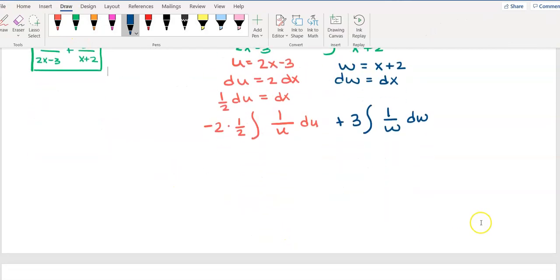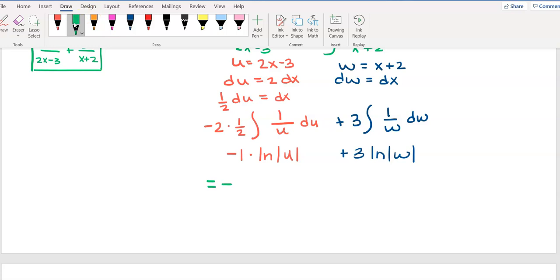So let's scroll down a little bit so I have some room. Okay, so this first one is going to become, well, negative 2 times 1/2 is negative 1. And then 1 over u, the antiderivative of that is the ln of the absolute value of u. And then the antiderivative of this one over here would be 3 ln of the absolute value of w. So now let's replace these u's and w's with what they're equal to, and then we should be able to get a final answer here.